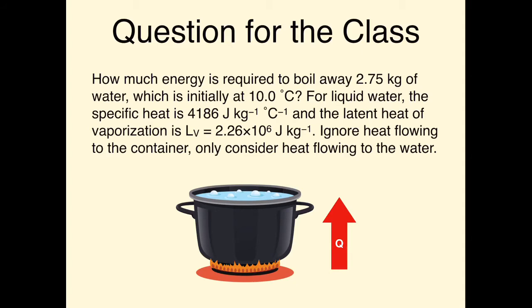So for liquid water, the specific heat is 4,186 joules per kilogram per degree Celsius, and the latent heat of vaporization is 2.26 times 10 to the 6 joules per kilogram. Ignore heat flowing to the container and only consider heat flowing to the water. Okay, so the question is, how much energy, how much heat are we going to have to transfer to this water to boil it all away? See if you can calculate this.